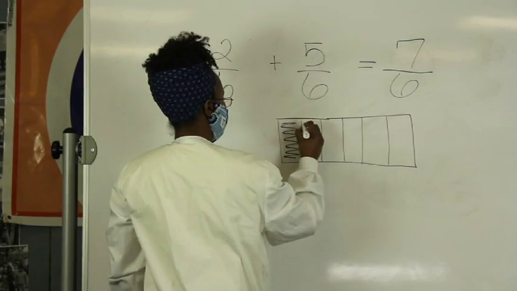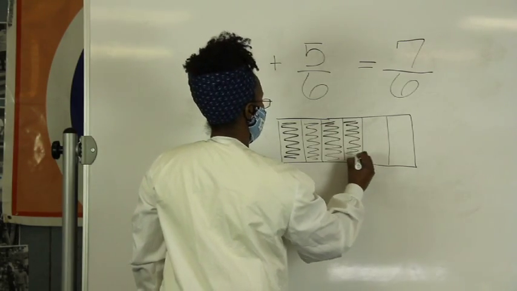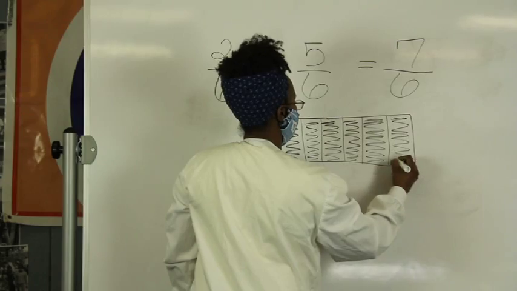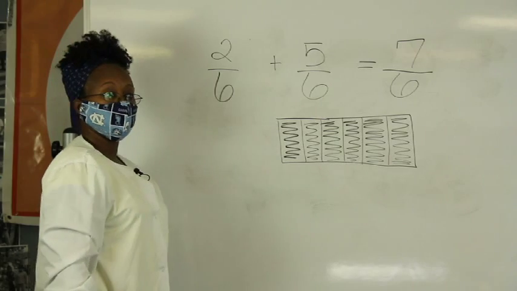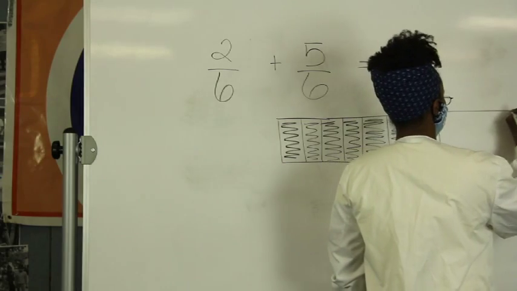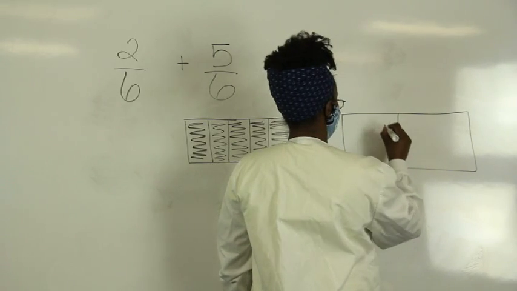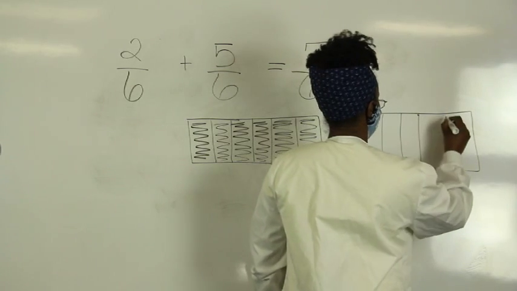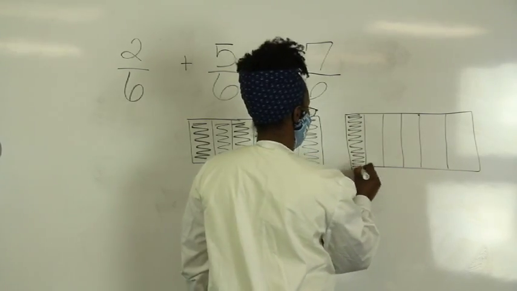This is the shaded area. 2, 3, 4, 5, 6. Because we have 7. So we would have to draw a whole another set of 6 to get the entire answer. And then we do our 7 over here.